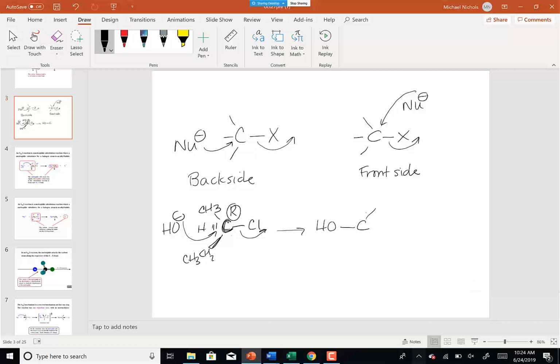The CH3 then still stays in the plane. The H ends up behind, and the CH2CH3 ends up bold, and we end up with then our Cl minus over on the other side.